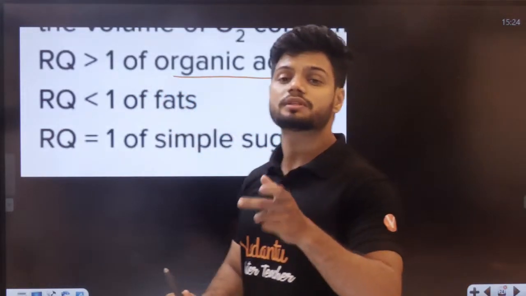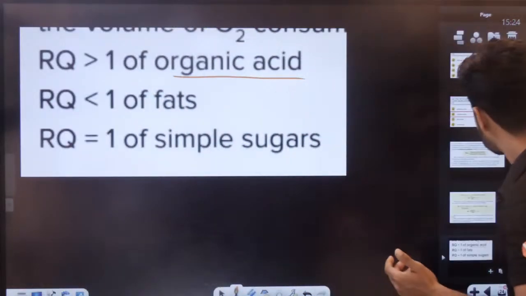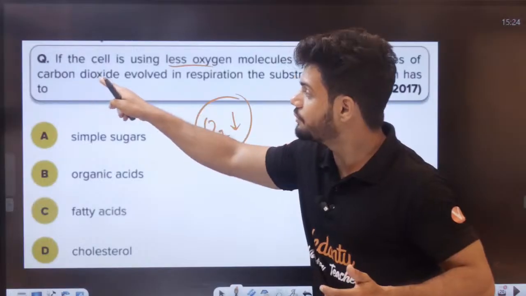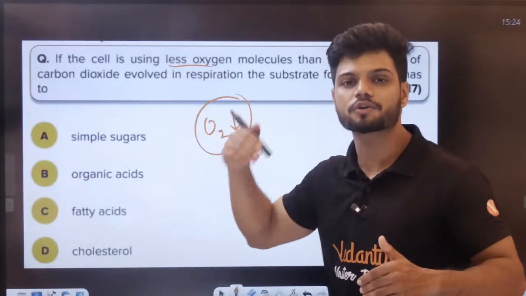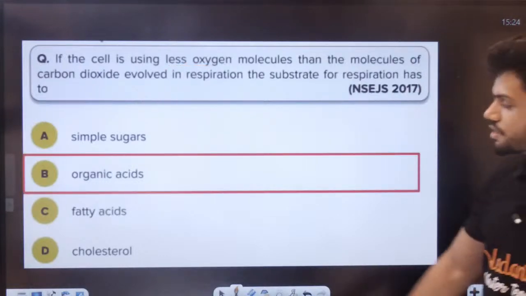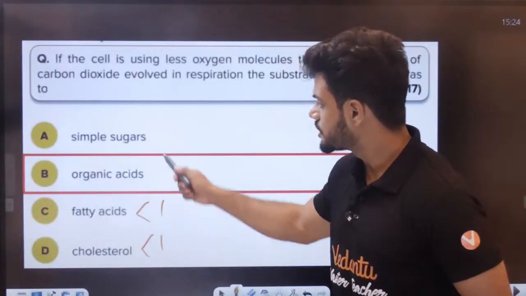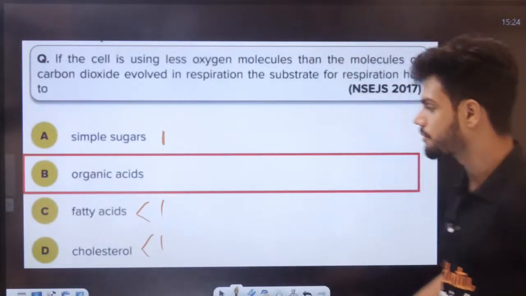Now when is it more than 1? Whenever there is more and more CO2 released compared to less oxygen. So in that case RQ is more than 1. The answer is organic acids. So fatty acid is less than 1, cholesterol is also less than 1 almost, sugars is almost 1. You can understand from there.